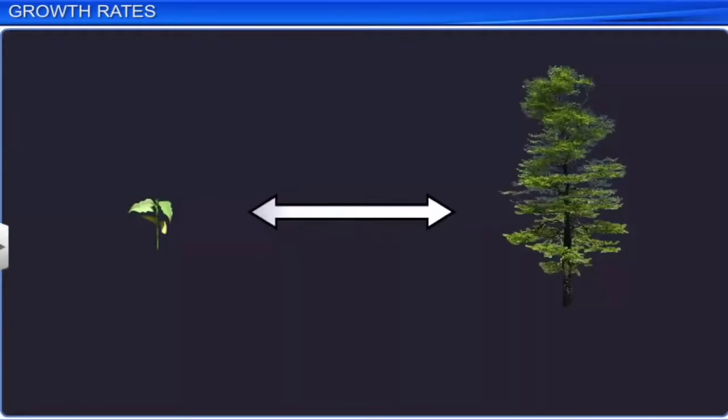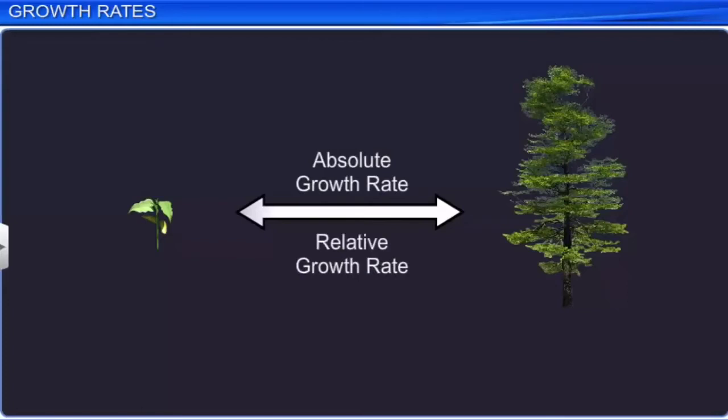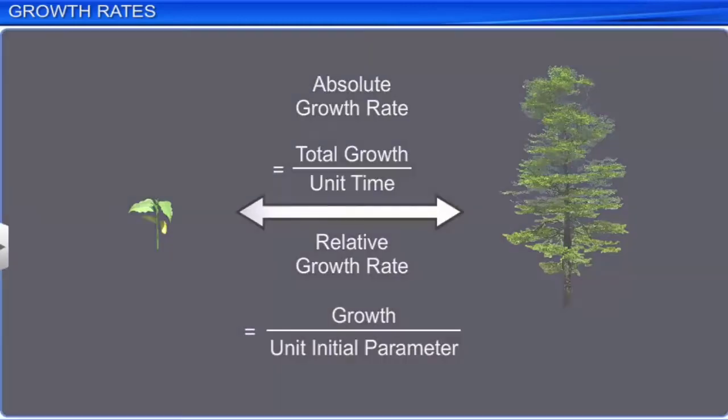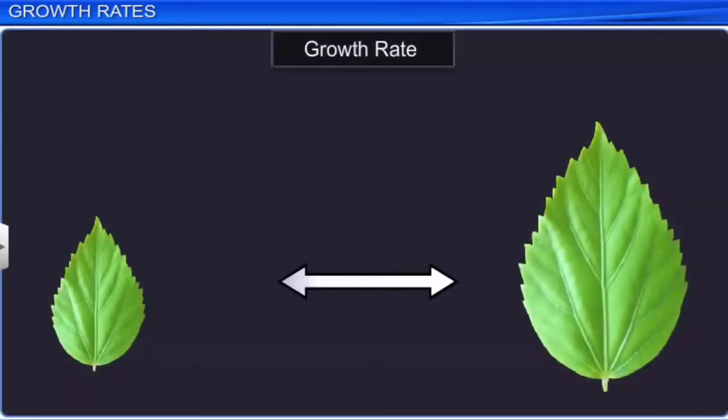Growth in plants can be quantitatively compared using absolute growth rate and relative growth rate. Absolute growth rate refers to the total growth of a plant part per unit time, while relative growth rate refers to the growth of a plant part per unit initial parameter. Let's compare the growth rate of 2 leaves.